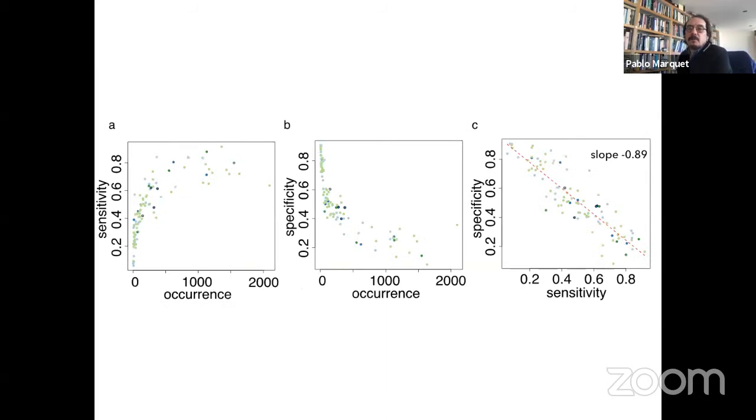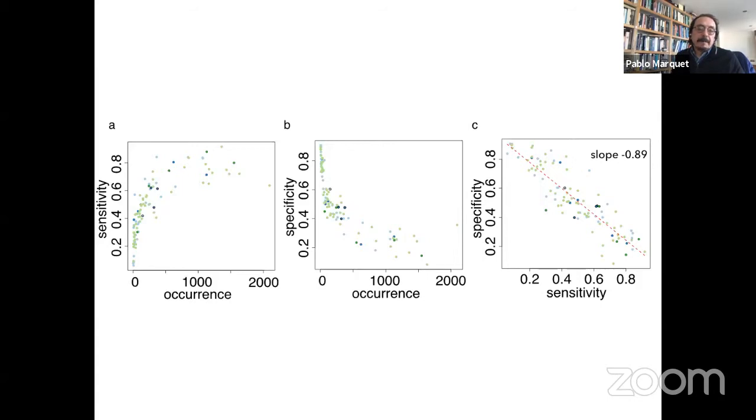Okay, what is interesting though is that the sensitivity, which is also called the true positive rate, the probability of detecting a link which is present, increases as you increase the number of sites where a species was present.